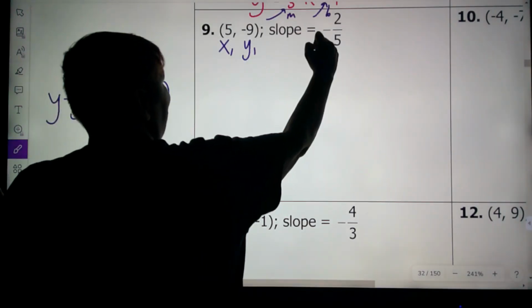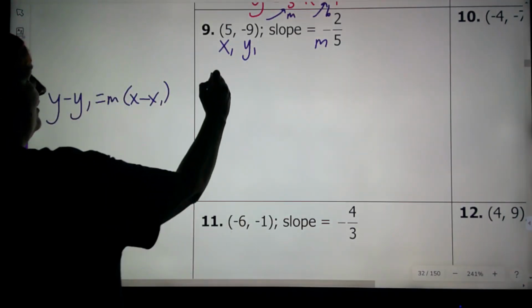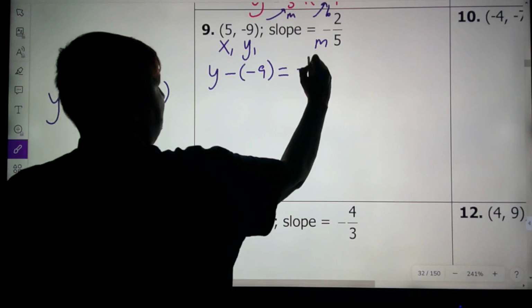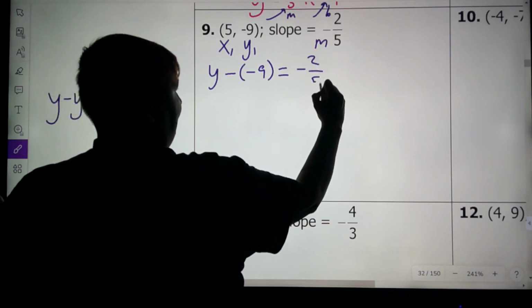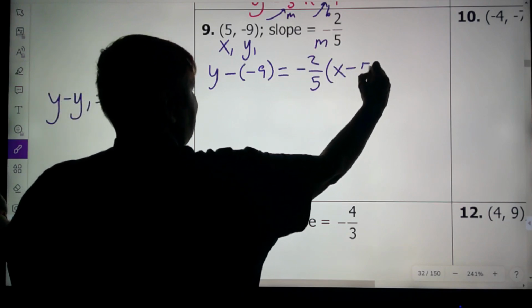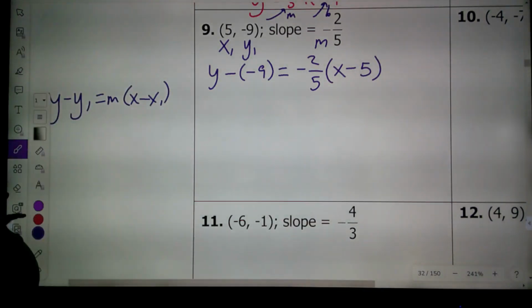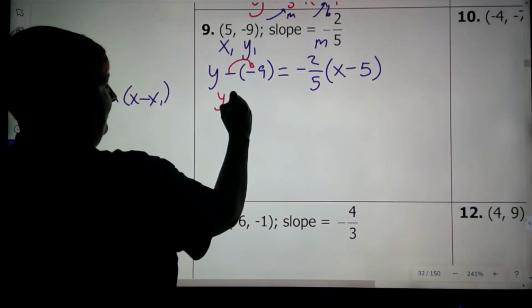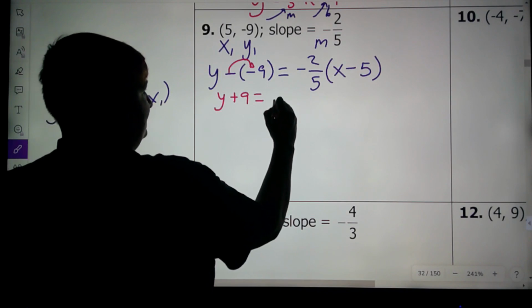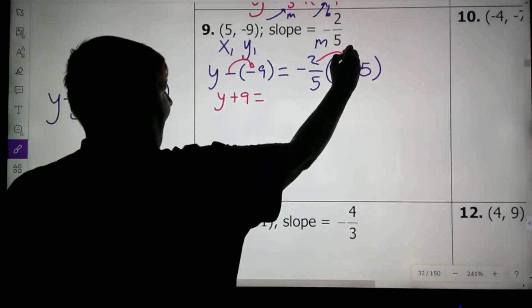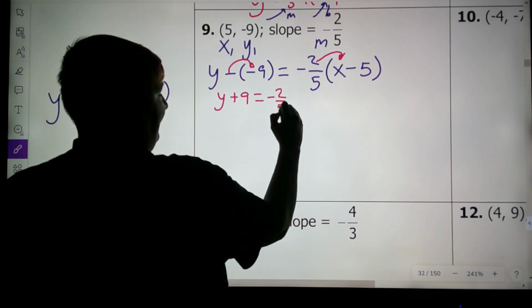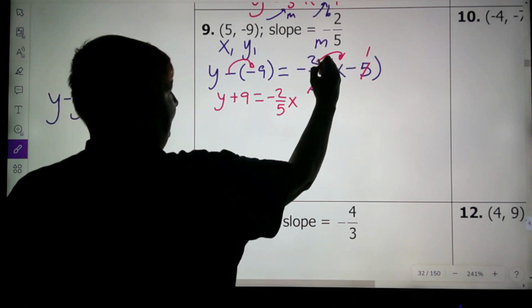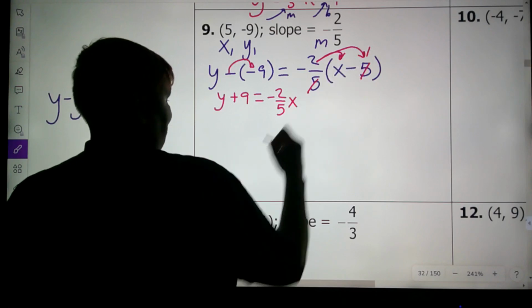x1, y1, m. y minus y1 equals m, don't lose the negative, x minus x1. y plus 9 equals -2 over 5 x. Negative times a negative is a positive.